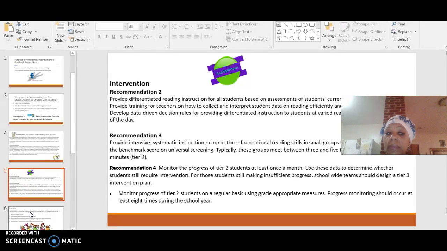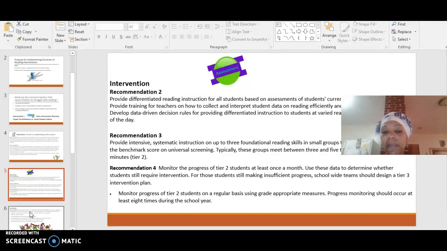Recommendation 3, you want to provide more intensive systematic instruction on up to about 3 foundational reading skills. Those skills could be comprehension, decoding, being able to recognize words when they see them, being able to read at a certain speed.